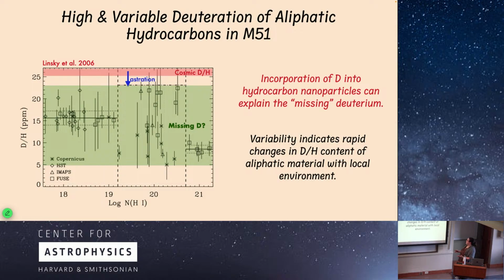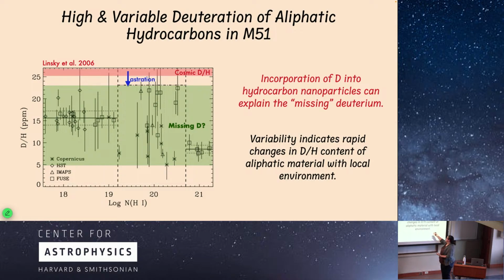And people have argued that this must be the case where you incorporate your deuterium into hydrocarbons. So this detection of strongly deuterated aliphatic hydrocarbons bears that out. The deuteration that you observe is sufficient to explain this kind of scatter, if this is typically how much of your deuterium you put into the hydrocarbons. So this is pretty cool.